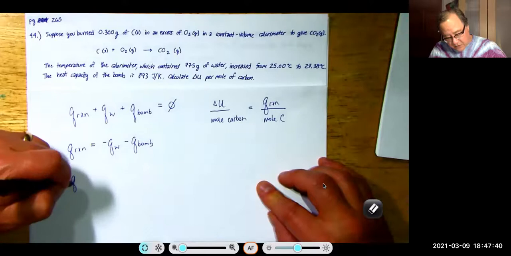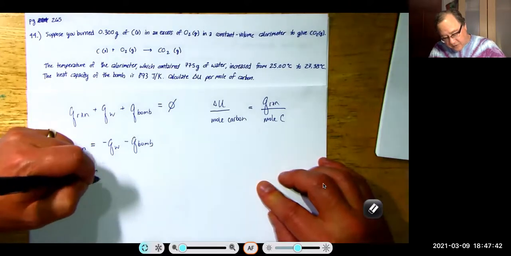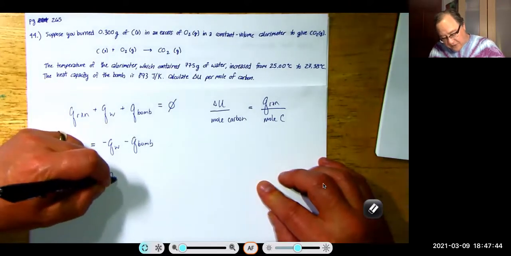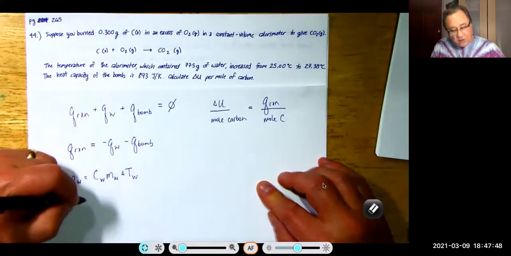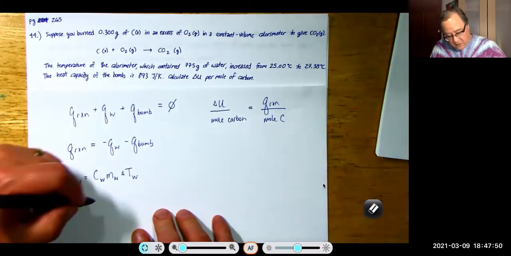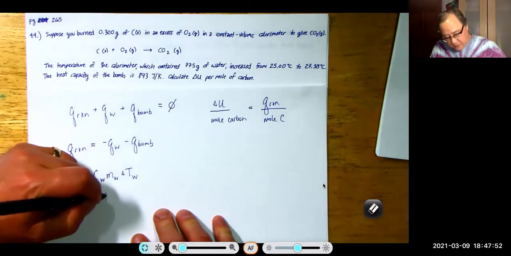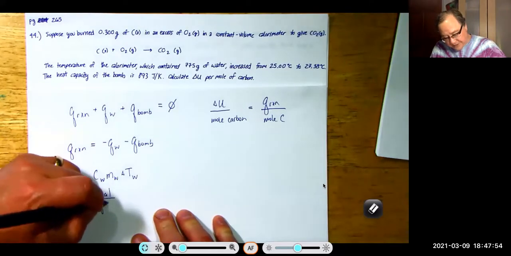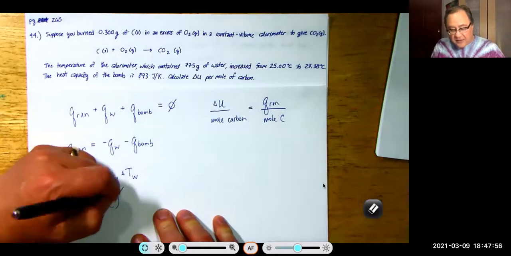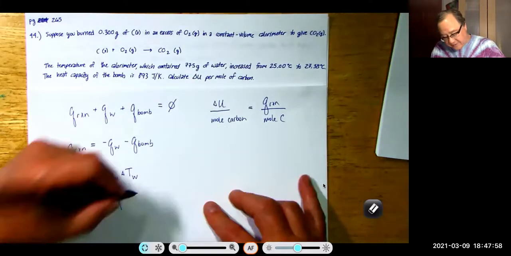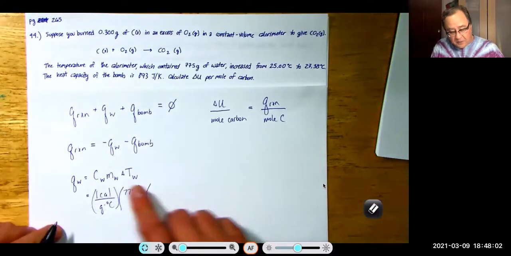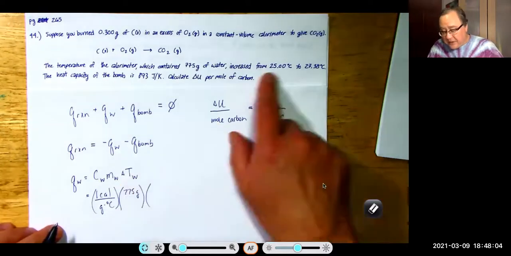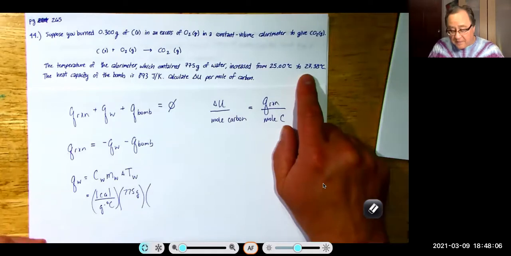Well, Q of the water is specific heat capacity of the water, mass of the water, change in temp of the water. So let's go ahead and figure this one out. 1 calorie per gram per degree Celsius. The mass of the water is 775 grams. The change in temp of the water is going to be 27.38 minus 25.